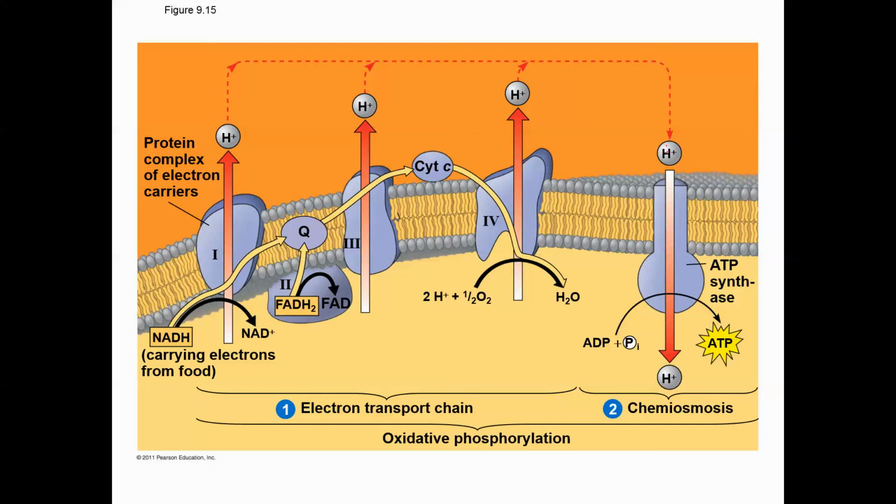Hydrogen ions flow through here very rapidly, and the kinetic energy of the hydrogen ions is converted into the potential energy of ATP. So the energy of the flowing hydrogen ions actually turns this protein. It's like a protein motor, and that catalyzes the reaction of ADP plus a phosphate group, forming ATP. So just like water flowing through a dam generating electricity, hydrogen flowing through ATP synthase generates ATP.